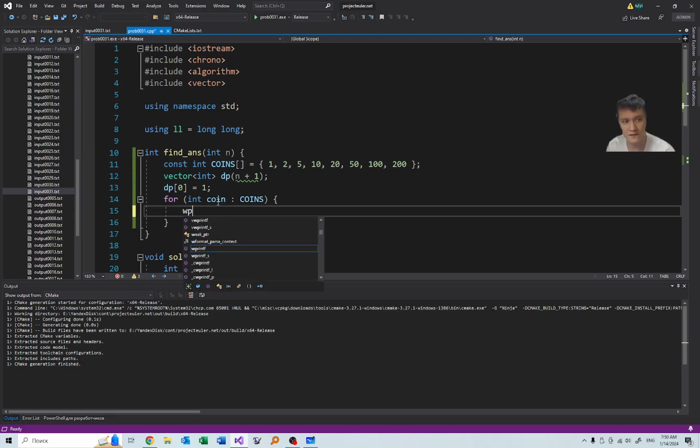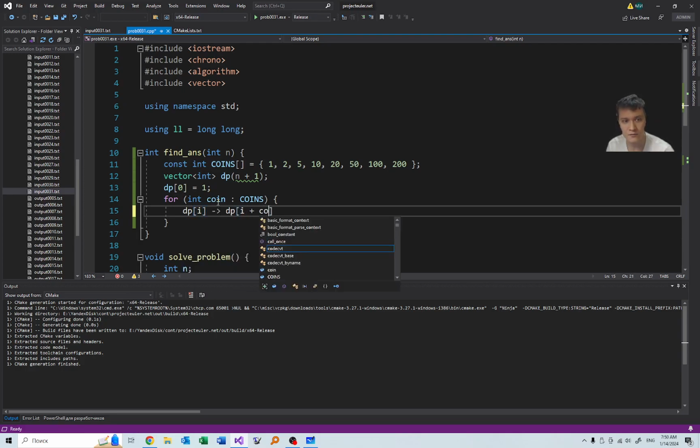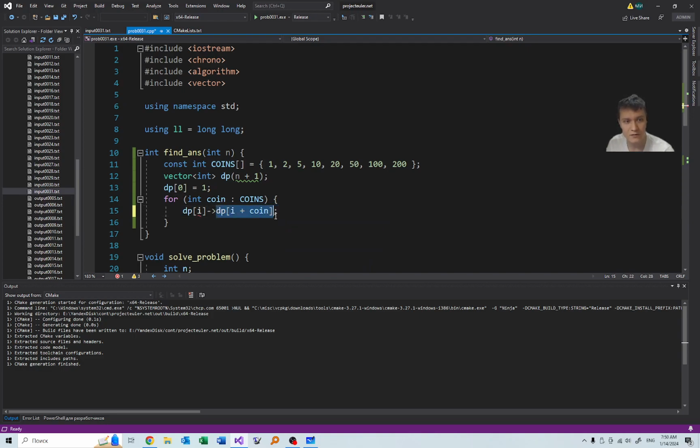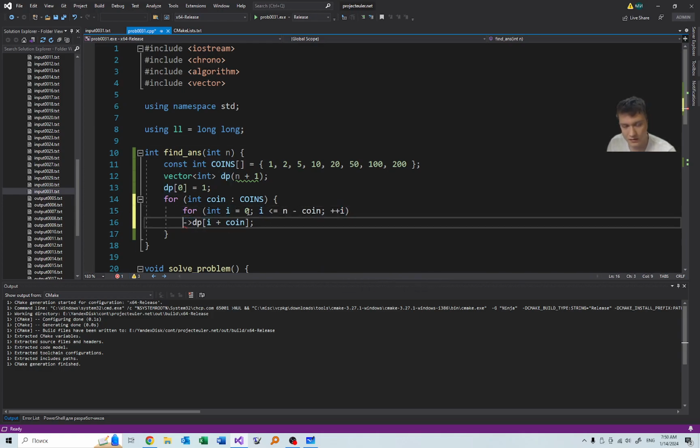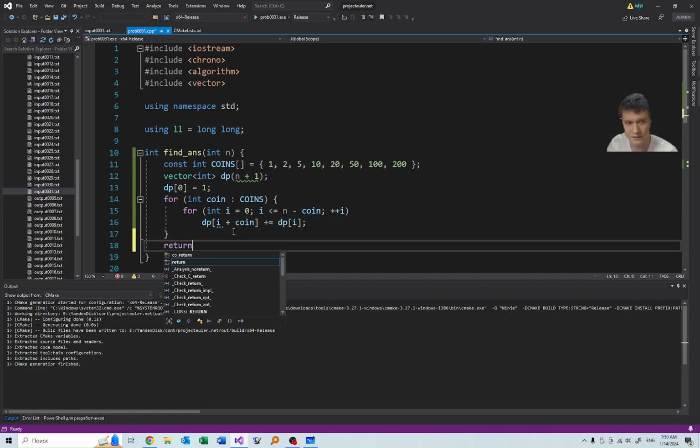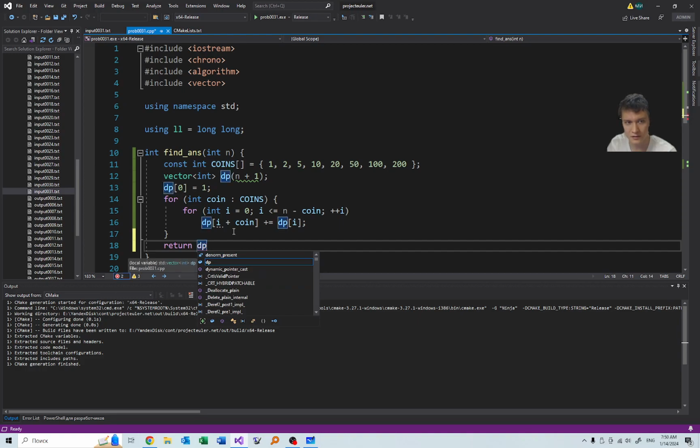So always, if you have some dp[i], you can increase dp[i plus coin] by it. So each of these ways contributes to one more way of these ways. So it can be rewritten as for int i equals 0, i is at most n minus coin, dp[i plus coin] plus equals dp[i], and finally return dp[n].